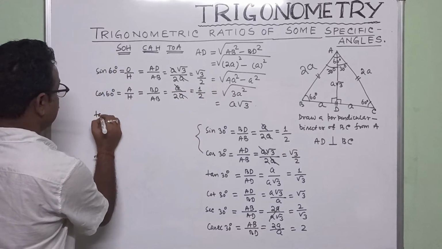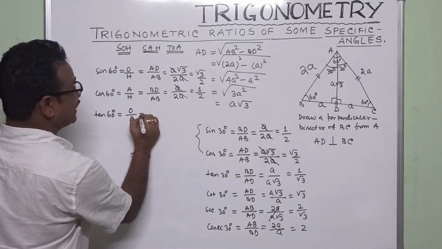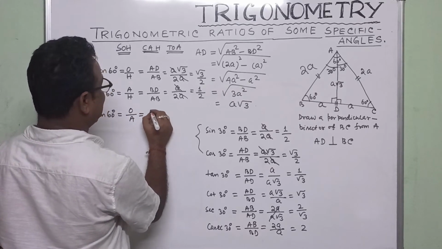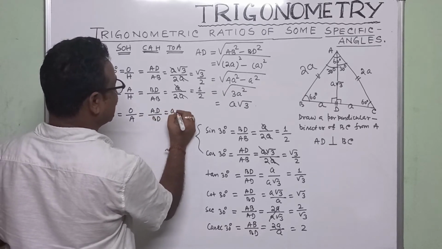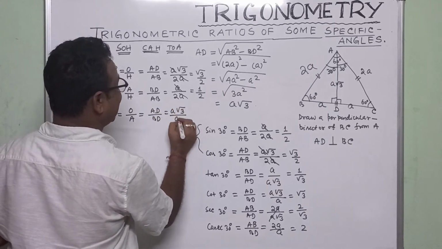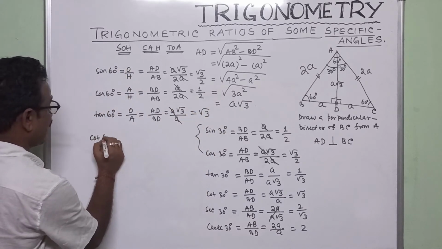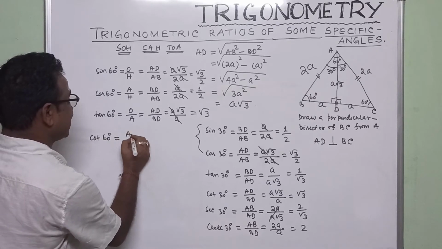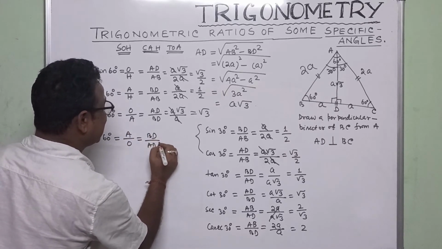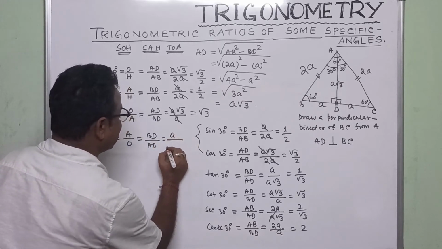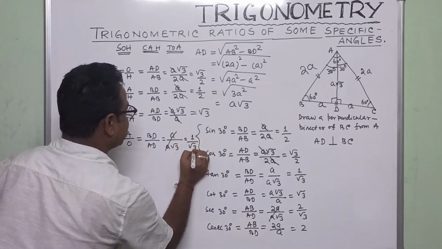Now tan 60 is equal to opposite by adjacent, opposite AD by adjacent BD, is equal to A root 3 by A is equal to root 3. Now cot 60 degree is equal to adjacent by opposite is equal to BD by AD is equal to A by A root 3 is equal to 1 by root 3.